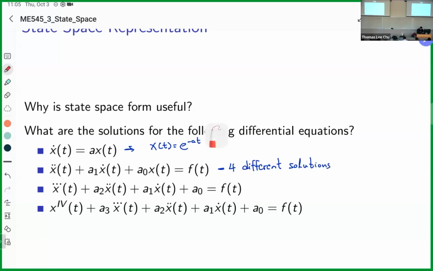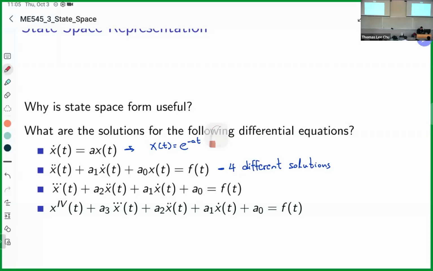For a second order system, we saw we can have oscillation, decay, decay with oscillation, or very fast decay. Third order just starts getting messy. You just can't really solve by guessing. Fourth order, same. And any higher order is just hard to solve for.